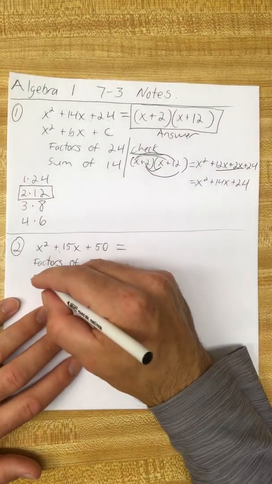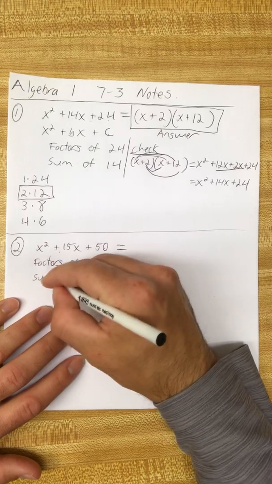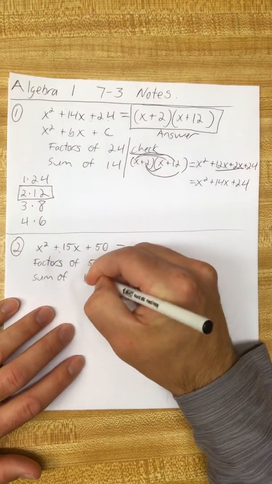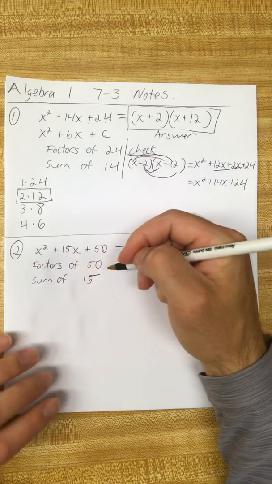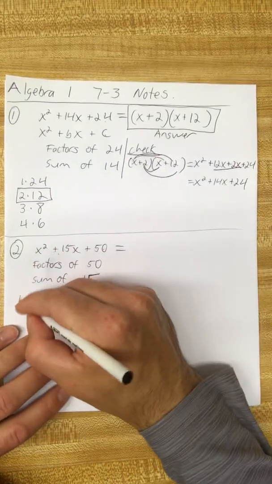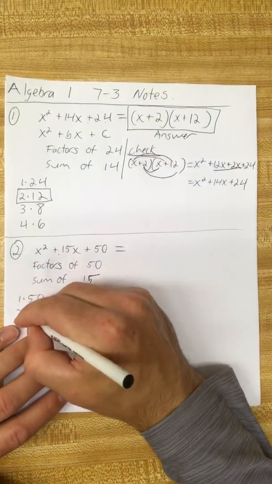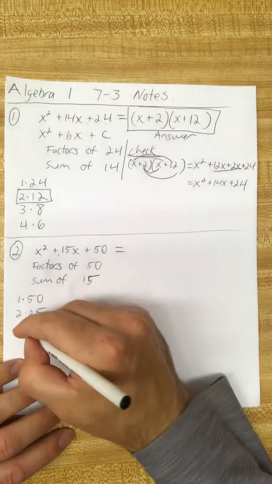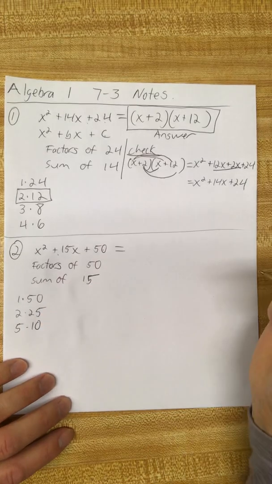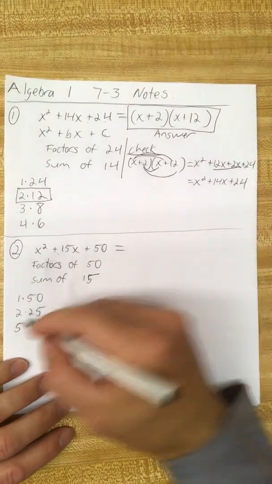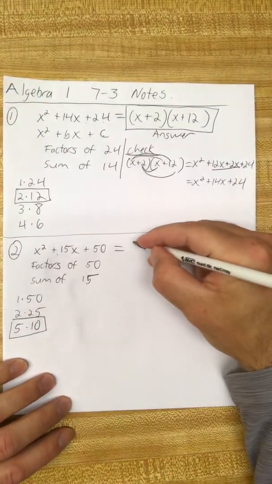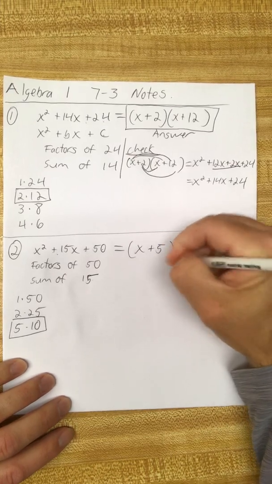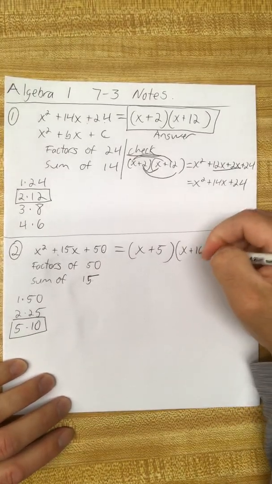So looking for factors of 50, and we need a sum of 15. 50 is 1 times 50, 2 times 25, 3 doesn't go in, 4 doesn't go in, 5 times 10, that's it. So which ones have a sum of 15? Your 5 and 10, so it's going to be x plus 5 times x plus 10.